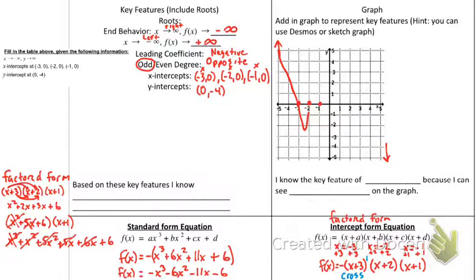Now we're going to go to negative 2. So negative 2 came from this guy, right? X equals negative 2. We turned it into this guy. So what's his power? His power is 1 as well. So that means we're going to cross at negative 2. So let's go ahead and cross at negative 2. So we got to come back up to hit negative 2. We got to cross.